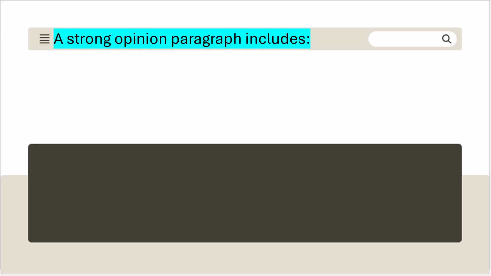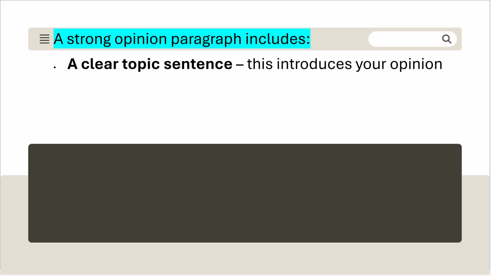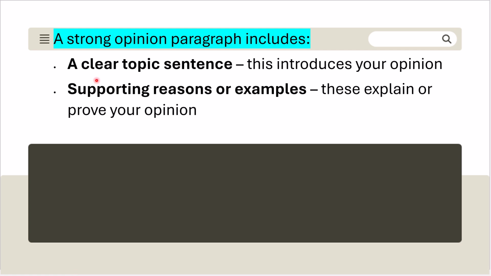Now, when you want to write an opinion, a strong opinion includes a clear topic sentence. This introduces your opinion, what you think about. So you must have a strong, clear topic sentence to begin your opinion paragraph. Next, supporting reasons or examples.